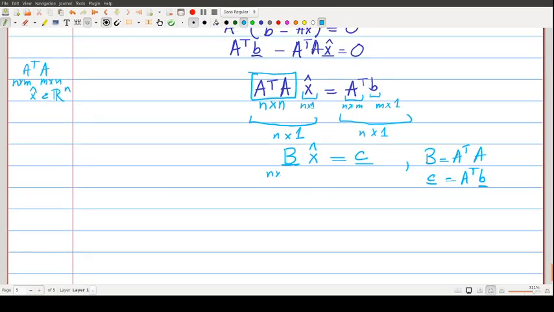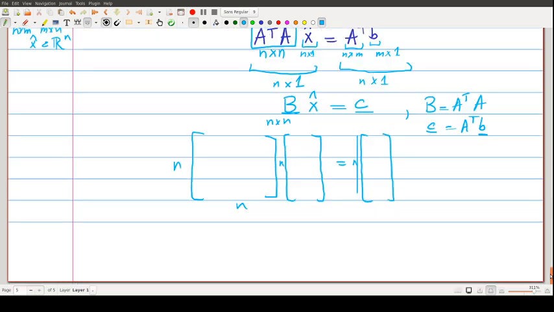This is an n by n matrix. So this is a nicely balanced square system where it has n rows, n columns, and the right hand side is also n by 1. So everything is n here, and this is a square system that we now have to solve.